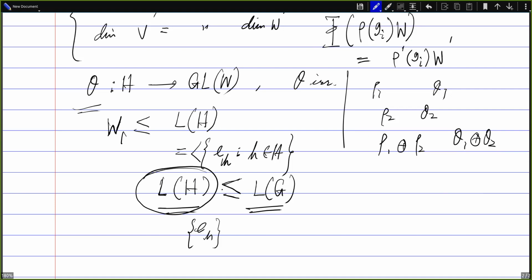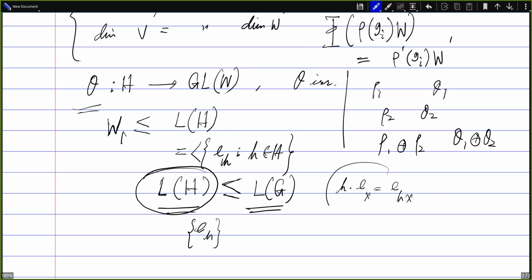Now recall that once we have identified LH as a subspace of LG, then it becomes clear that the left regular representation of H is nothing but the restriction of the left regular representation of G on H. Because for both, h applied on, let's say, E x is basically E hx.